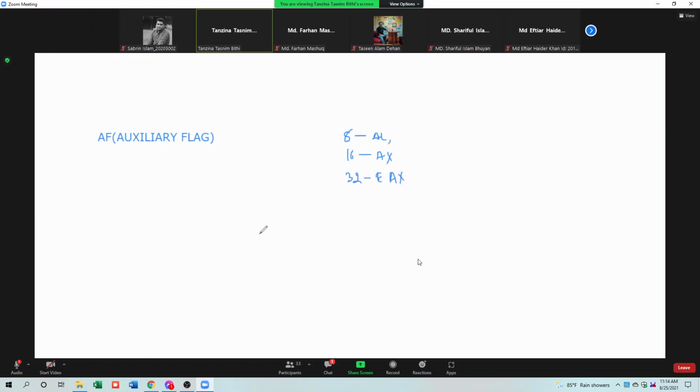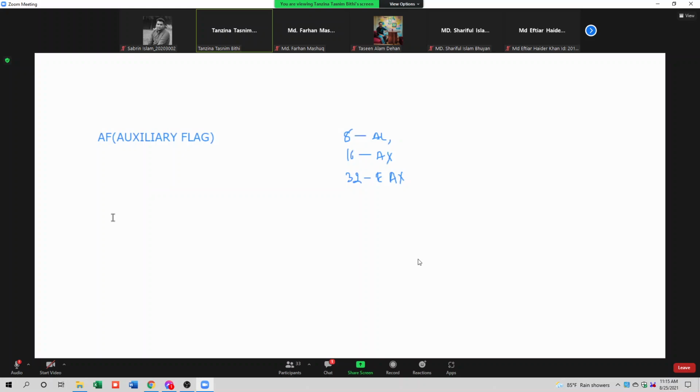When some arithmetic operation is done on an 8-bit, 16-bit or 32-bit register, at that time you just have to find out the result of the last 8-bit operands.